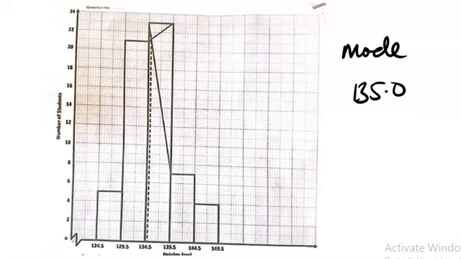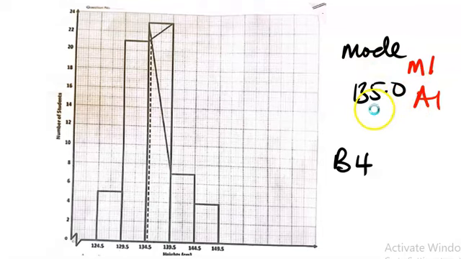Now let's come to the graph. If you are able to plot the graph like this, then you get B4, and then finding the mode, as the evidence of showing that this is the mode on the graph, you get M1. And then the final answer correctly, you get A1.